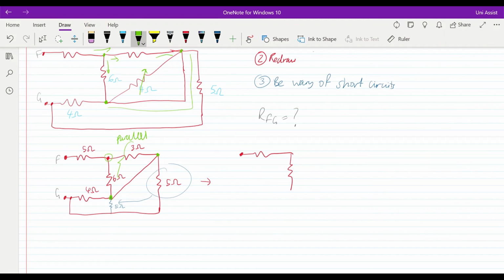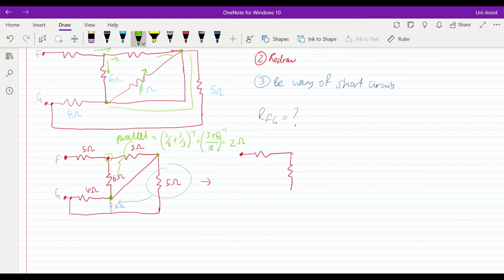They have a resultant value of 1 on 6 plus 1 on 3, inverse, which is equal to 3 plus 6 over 18, inverse, which is equal to 2 ohms.